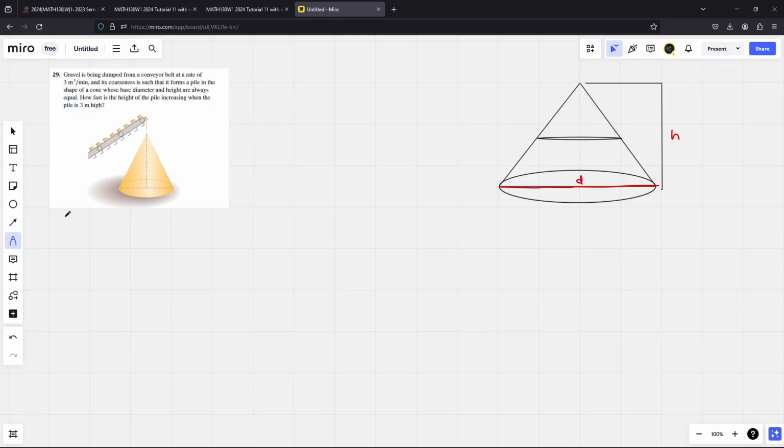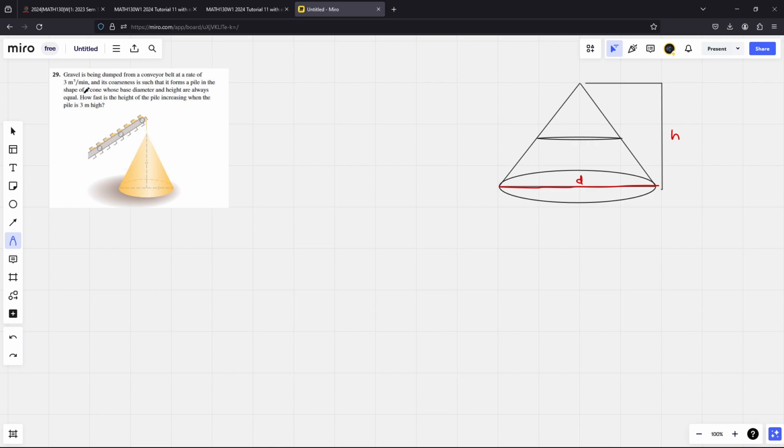Okay, so today we have another related rates problem, and it says that gravel is being dumped from a conveyor belt at a rate of 3 meters cubed every minute. So let's look at the diagram given. We have our conveyor belt, and as gravel is being dropped onto the ground, it forms into a cone.